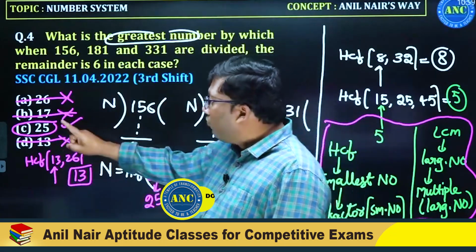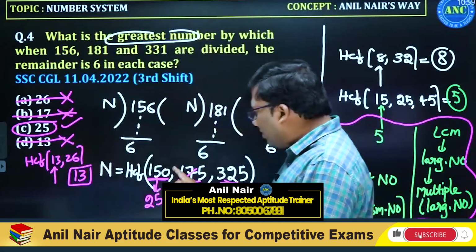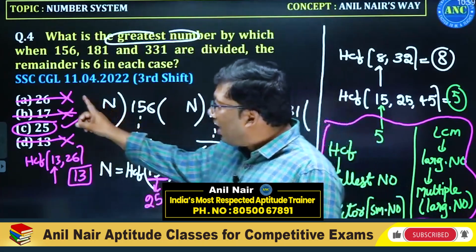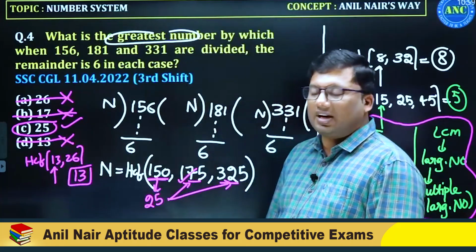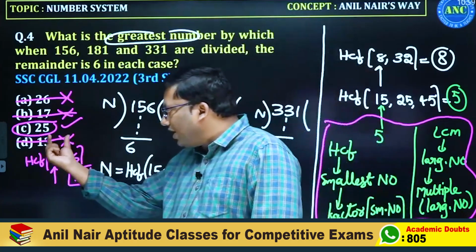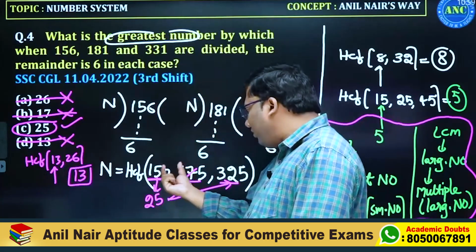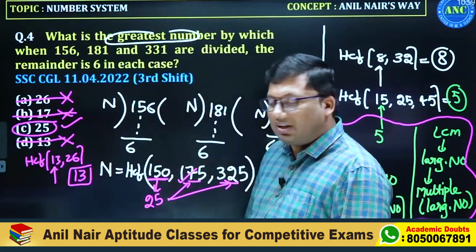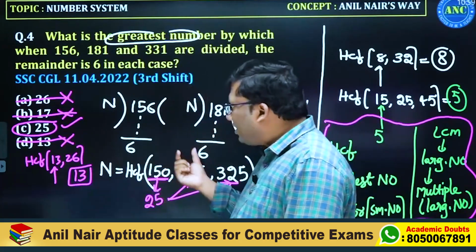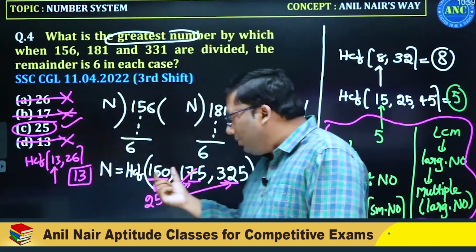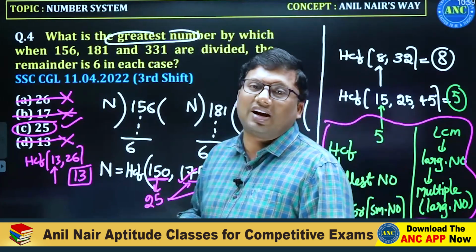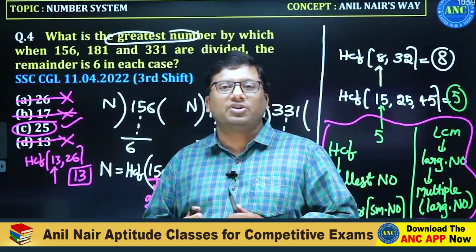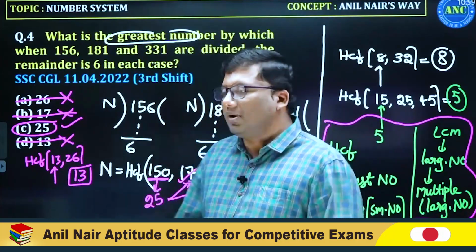I told you why 25 is the right answer by this method, and why the other three are incorrect. If the answer is 13, every number should be divisible by 13, not possible. If the answer is 17, every number should be divisible by 17, and 150 is not divisible by 17. I hope the idea is very clear to you.